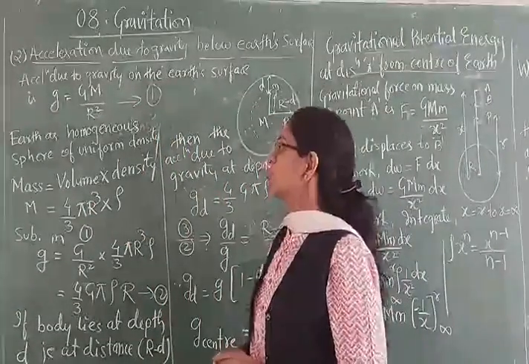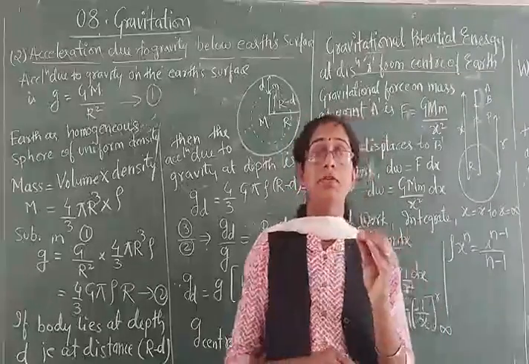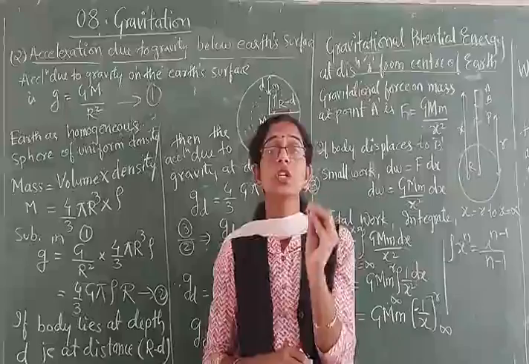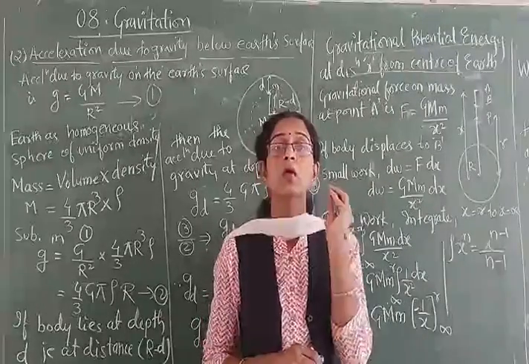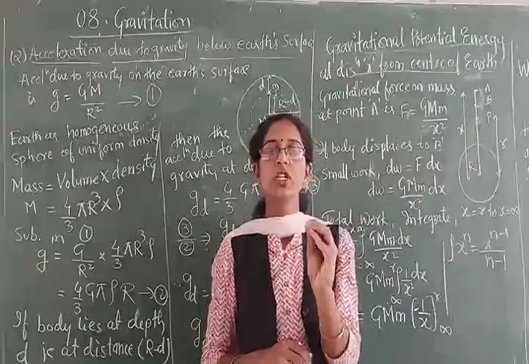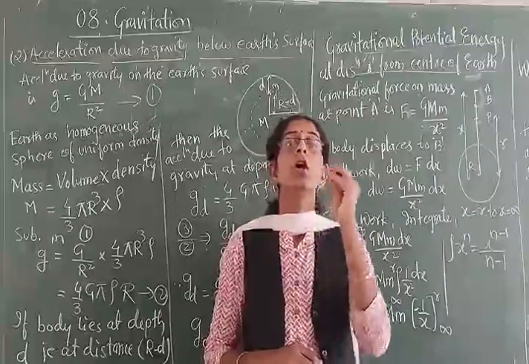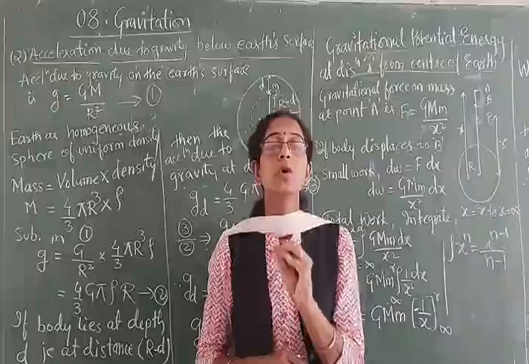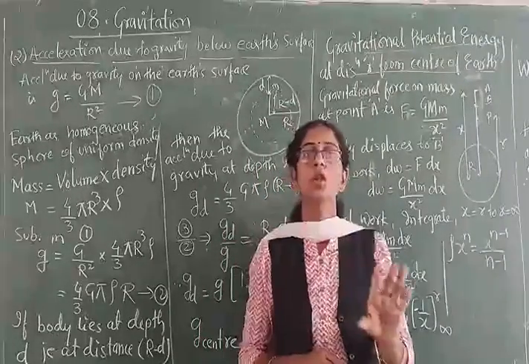Now further we will go with the consideration that the earth is a homogeneous medium. What is meant by homogeneous? Homogeneous means it may be made up of one or the other type of material, but the composition is the same throughout.